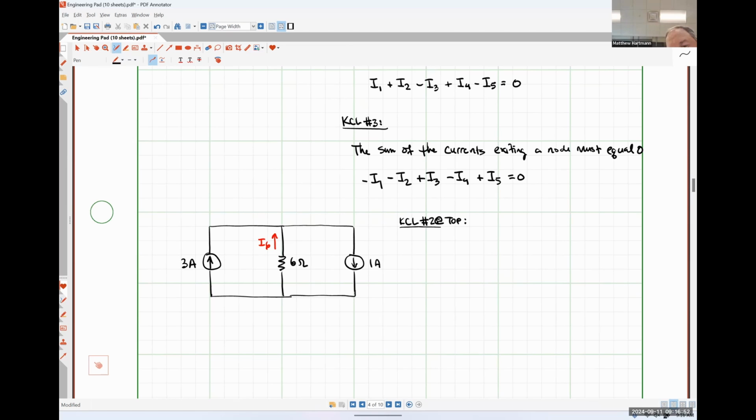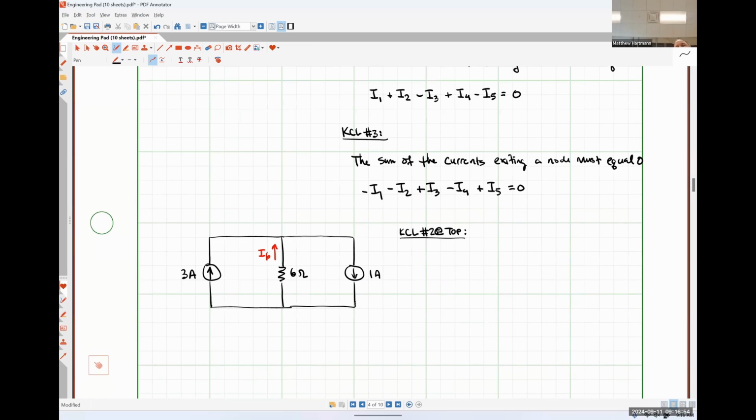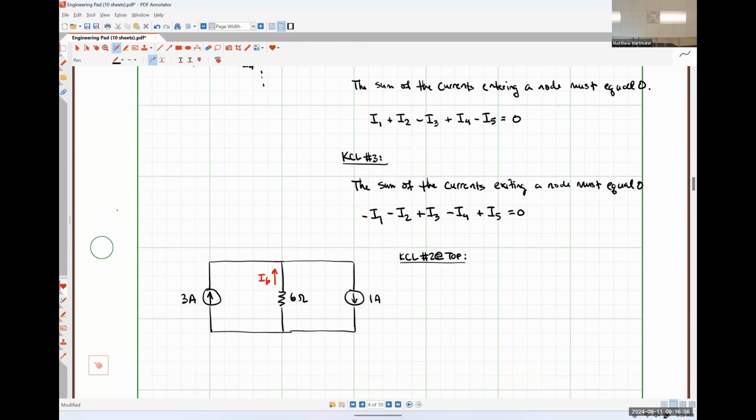Okay. So KCL number 2, we are going to be treating all of the currents that are entering the top node as positive currents, and all of the currents that are exiting the top node as negative currents.